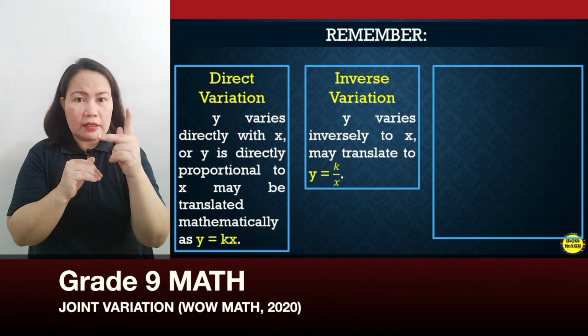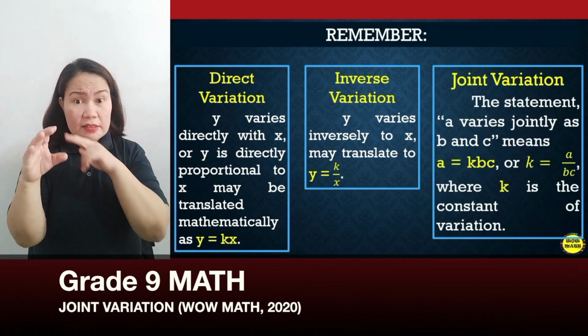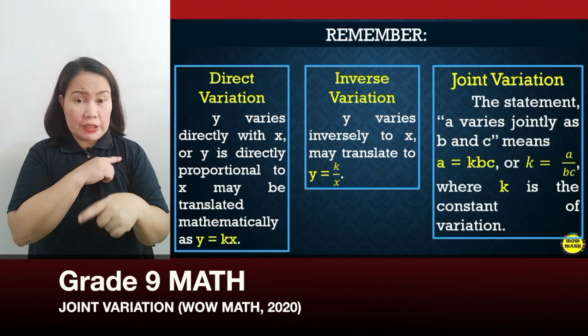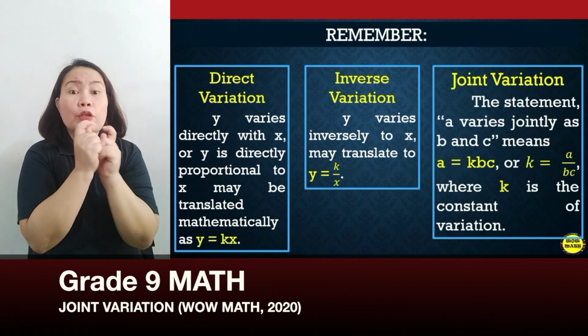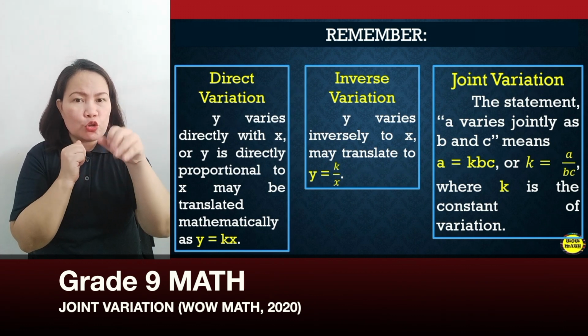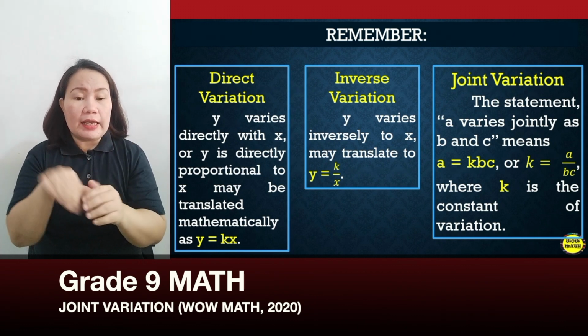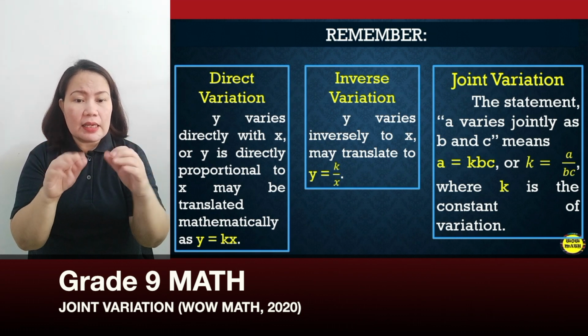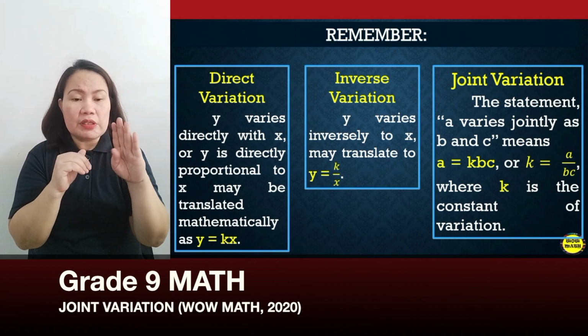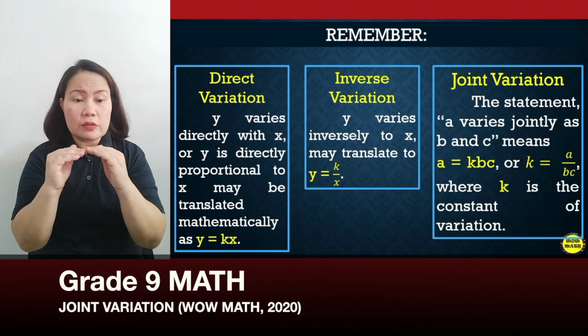In this video lesson, we will focus on joint variation. In the statement, A varies jointly as B and C, it means that A is equal to KBC or K is equal to A over BC, where K is the constant of variation.